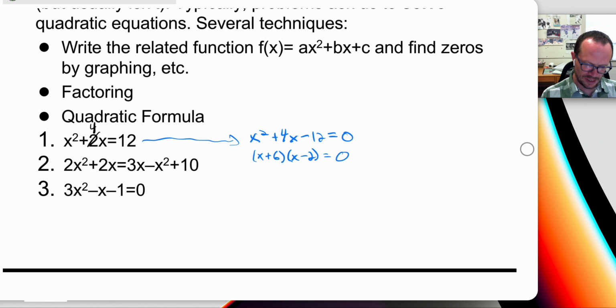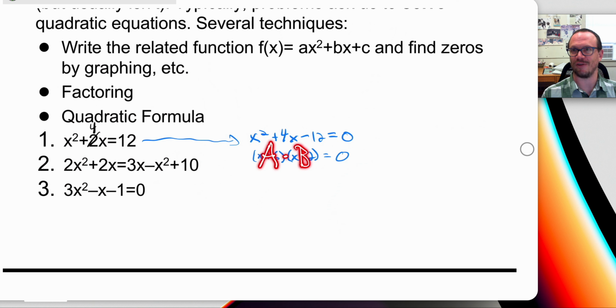So if I would FOIL or expand those two binomials, I would get that quadratic expression. So the solutions to this equation are the same as the solutions to this equation. I can use what's called the zero product property, where I have one term, let's call it A, times another term, let's call it B. A times B equals 0.